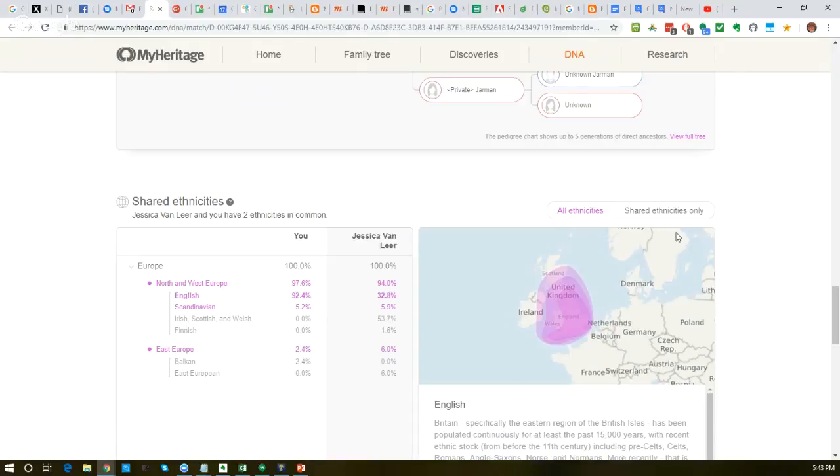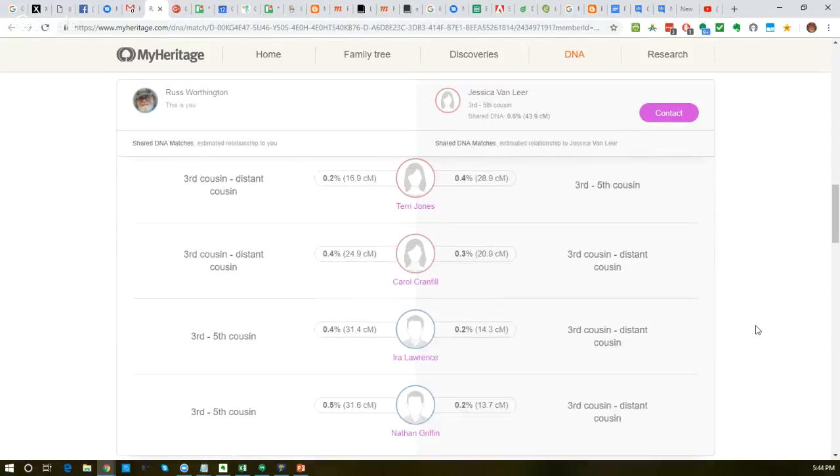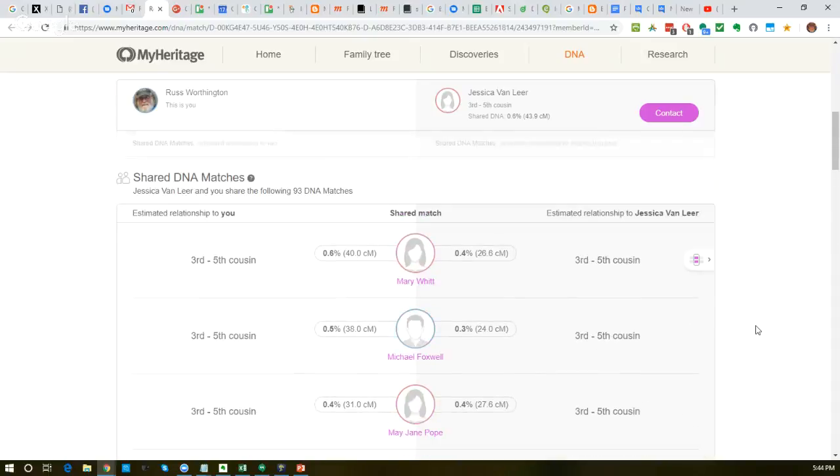It's not close and personal, not in the third to fifth cousin category. English is certainly mine, and it's high, not as high over there. She's more Irish and Scottish, according to what has been provided. So my frustration is, what do I do with this?